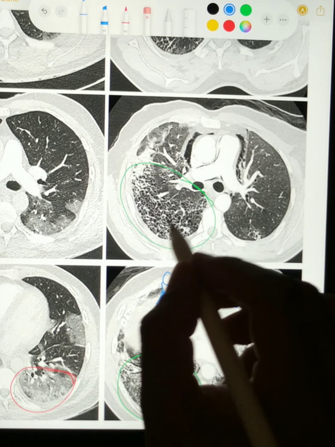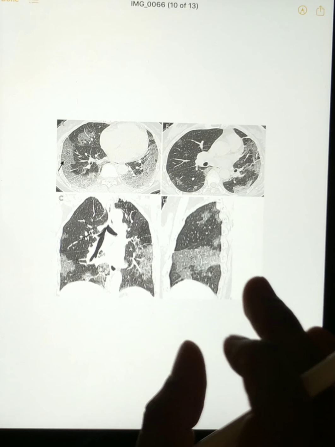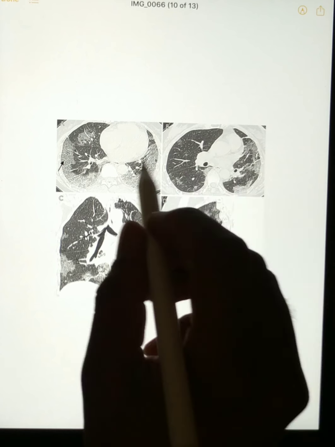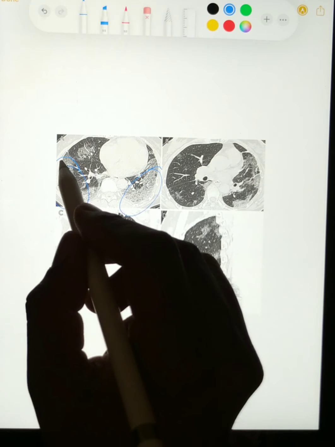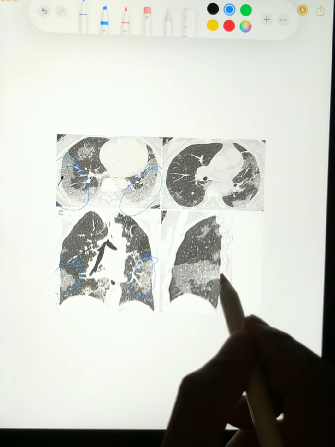This one is the crazy paving pattern. In this film also, you can see the area of crazy paving pattern with ground glass opacities, mostly in peripheral location.